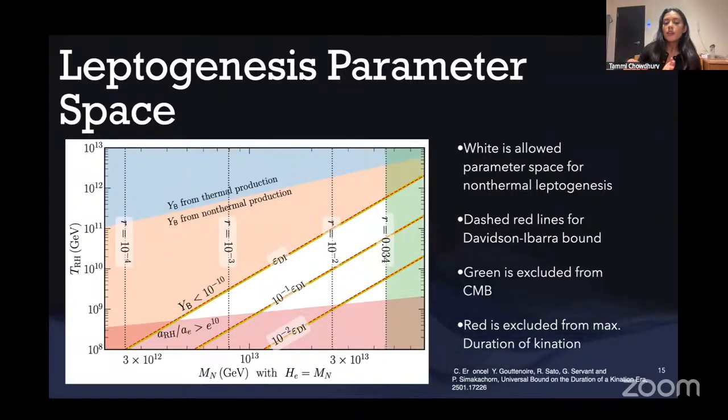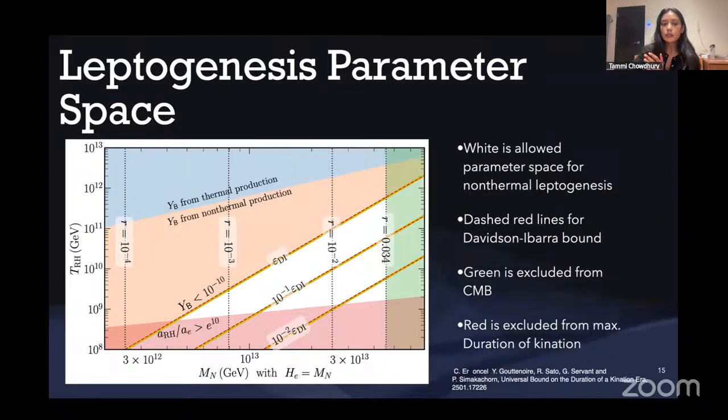This shows us where leptogenesis is viable given the value we take with respect to epsilon of the Davidson-Ibarra bound. Above that, we just don't generate enough baryon asymmetry to accommodate what we observe in the universe. And then in blue, this is thermal production, which is not in the realm of what we are investigating.